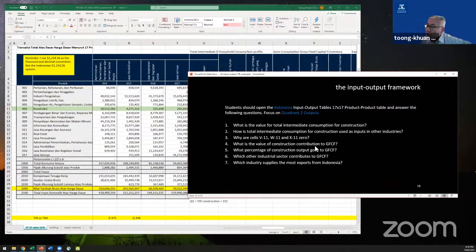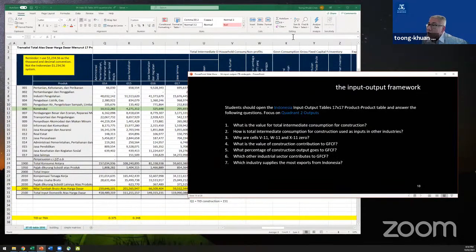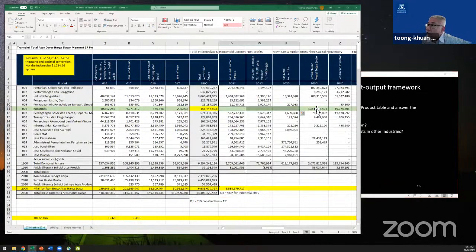What is the value of construction contribution to gross fixed capital formation? That's this value over here, 1553. Okay, 1553. So that is a very high percentage of the output of construction goes towards modal tetap, which is gross fixed capital formation.